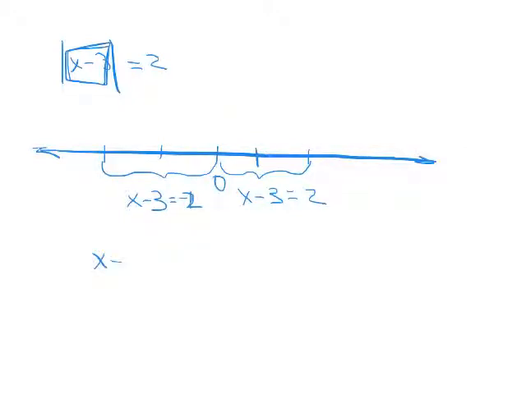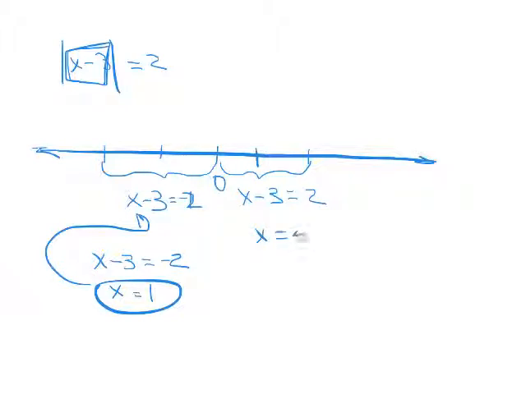So what I'm going to do is I'm going to say x minus 3 equals negative 2. So x equals 1 in order to make it equal to negative 2. Or x equals 5 in order to make that equal to positive 2.